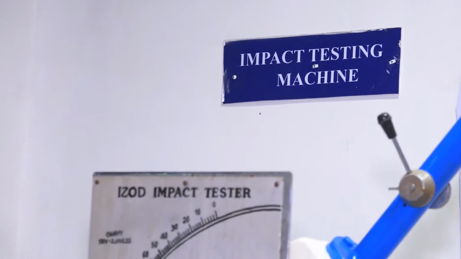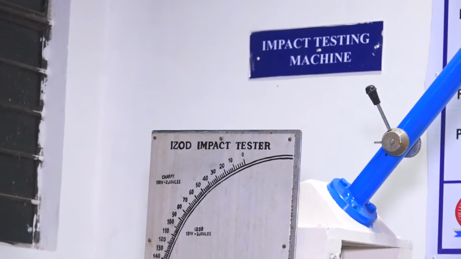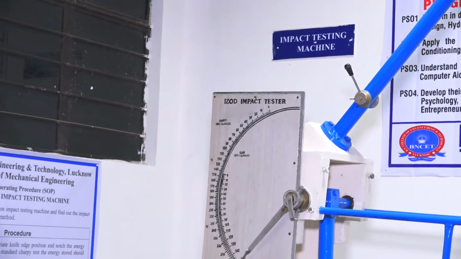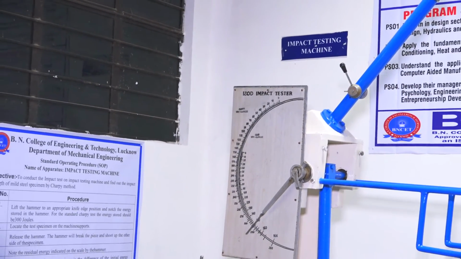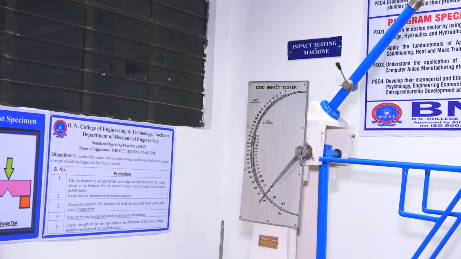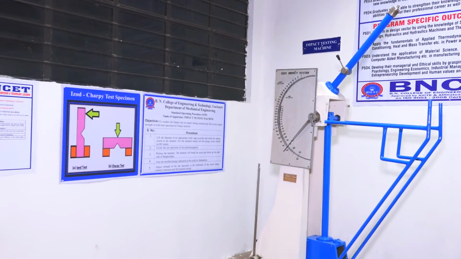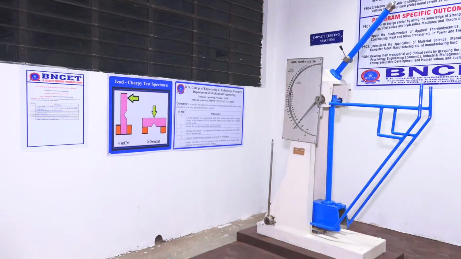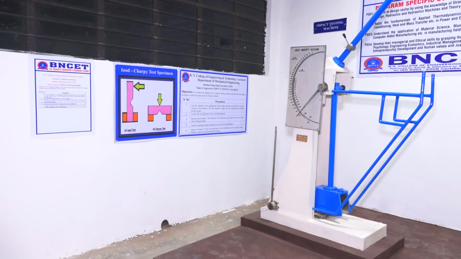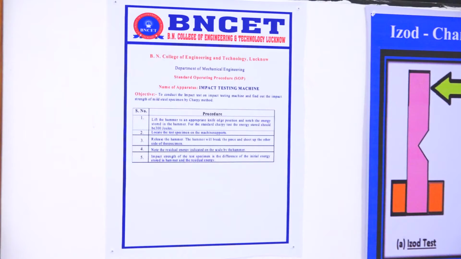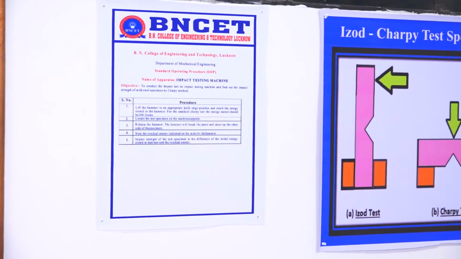The student performs the impact test on this particular machine. This machine consists of the setting of Charpy and Izod. With the help of this machine, the student finds the impact strength of mild steel.